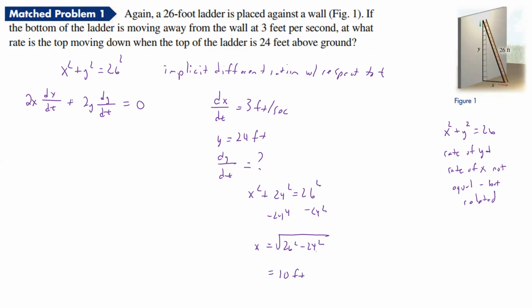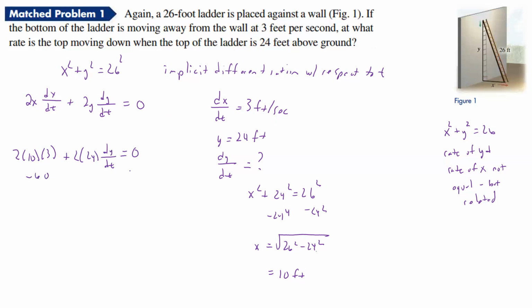Now we've got everything except for our dy/dt, and we can solve for that. So we have 2 times 10, and then dx/dt is the 3, plus 2 times y, which we said was 24, times dy/dt, and that's equal to 0. So 6 times 10 is going to be 60.